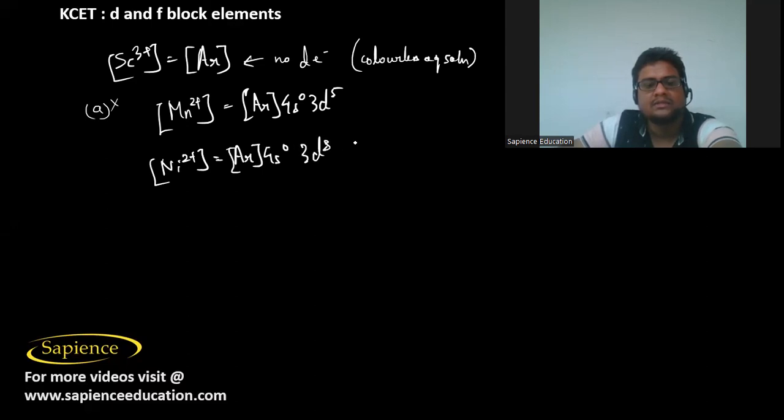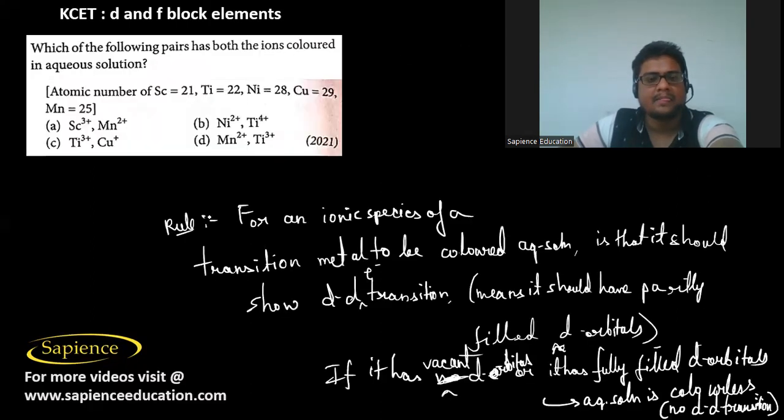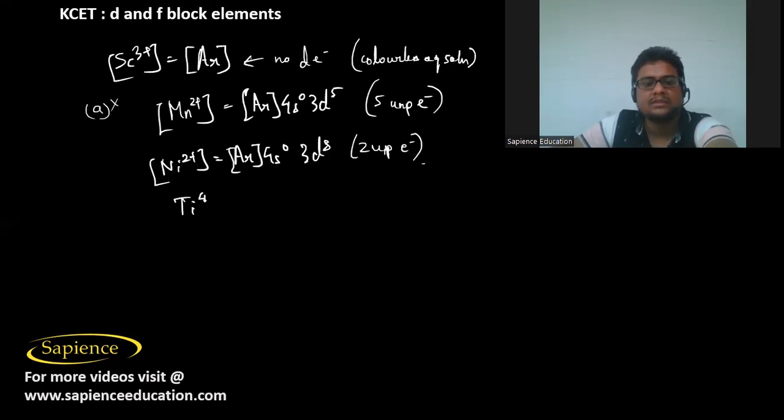So it also has two unpaired electrons. And Mn2 plus also has got 5 unpaired electrons. And then Ti4 plus, its electronic configuration is same as argon only.